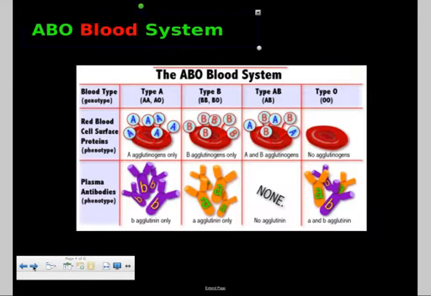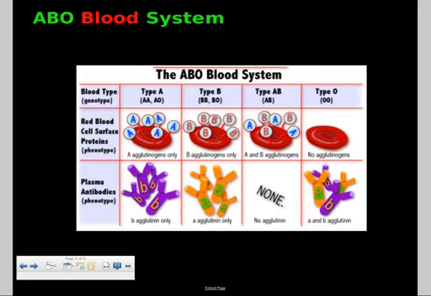So in the ABO blood system, and this is actually really cool, if we are type A, in other words, our alleles combine that give us two A alleles, or an A allele and that lowercase i allele, that means that we can produce A surface proteins on our red blood cells.